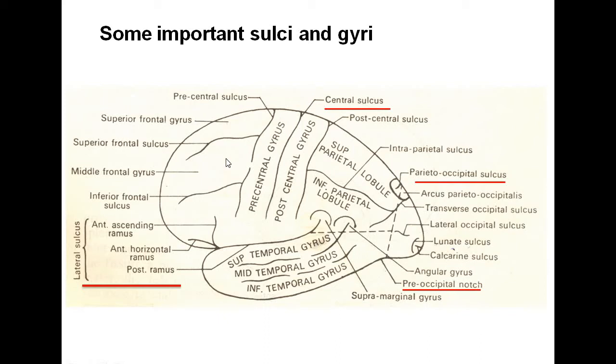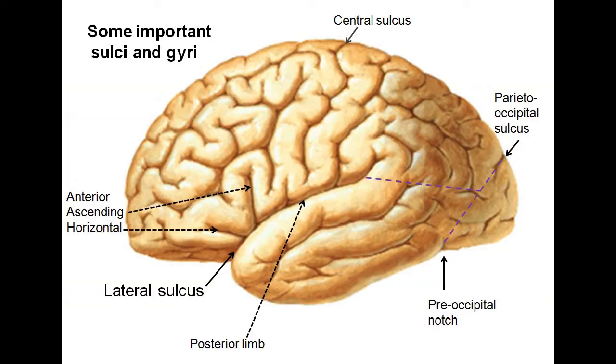The frontal lobe is again divided into 3 gyri by the superior frontal sulcus and inferior frontal sulcus: superior frontal gyrus, middle frontal gyrus and inferior frontal gyrus. So these are the different things that you can see.